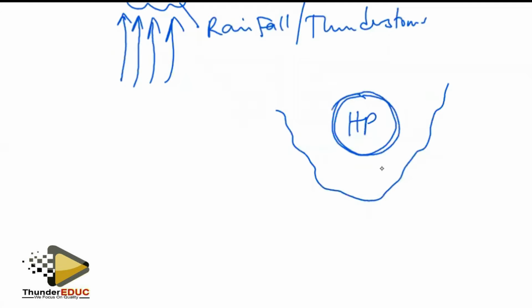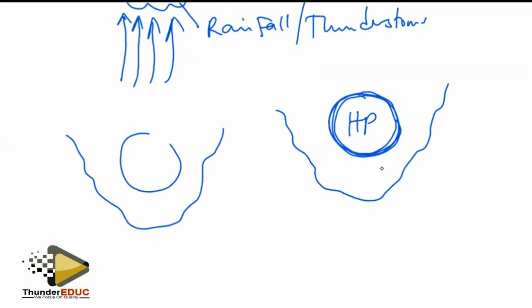Now this shows a high pressure cell dominating the land or the interior in winter. If it was summer, it was going to be like this, because in summer, a low pressure cell dominates the land. So this is winter, and this is summer. Okay.